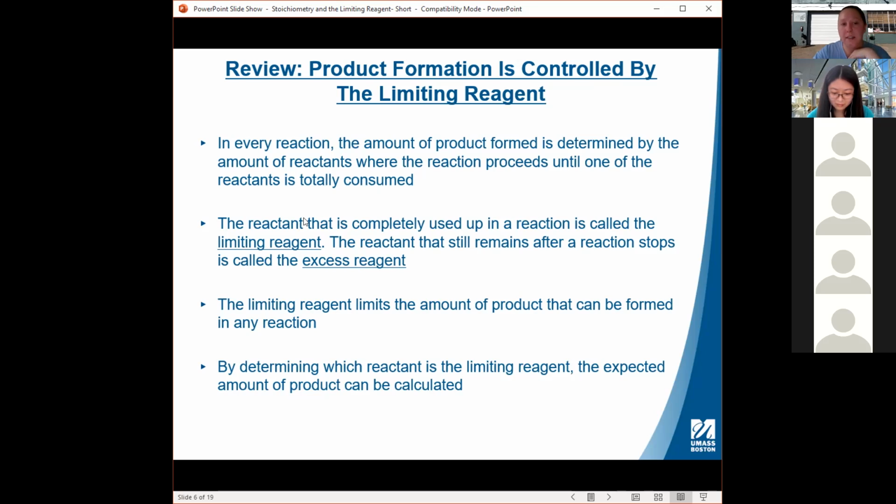The reactant that can make less product is the limiting reactant, and that reactant is going to be completely used up in the reaction. So at the end of the reaction, we are going to have 0 amount of the limiting reactant left. However, the other reactant will have excess left over, which is why it's called the excess reactant.